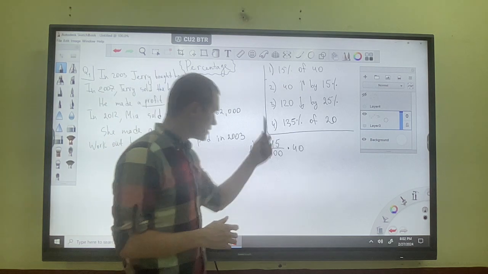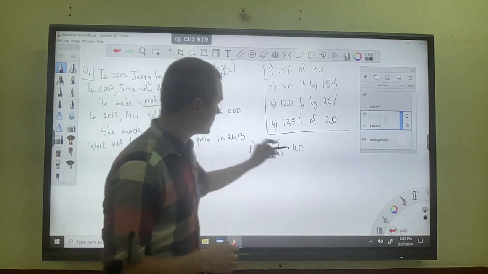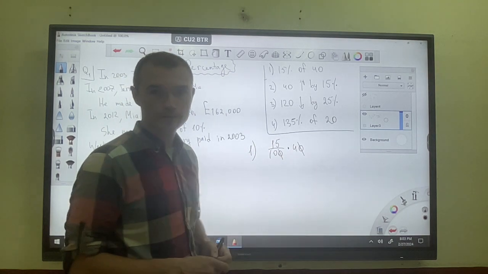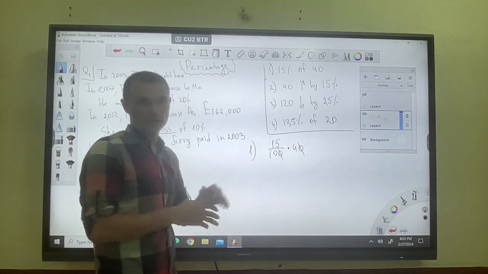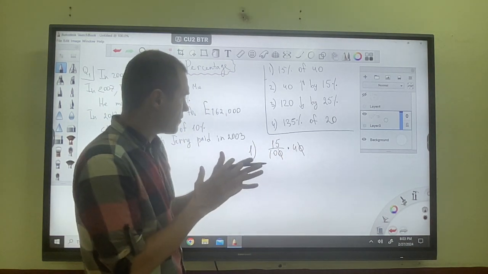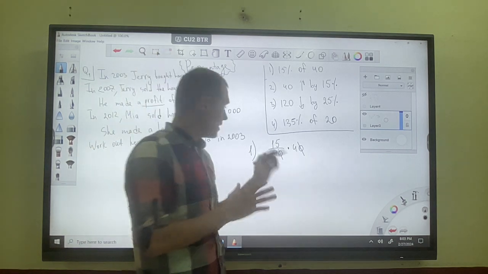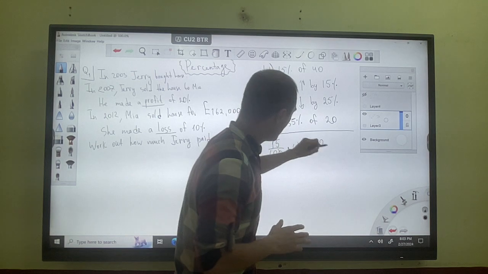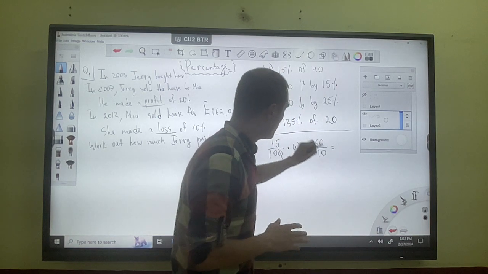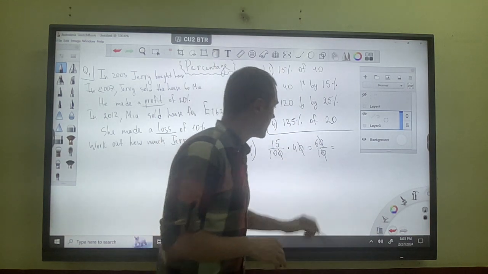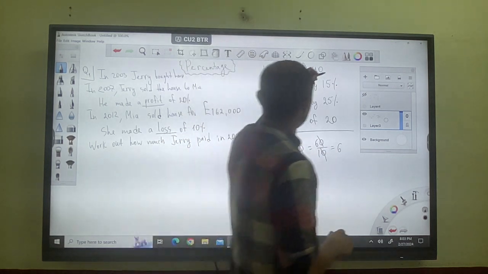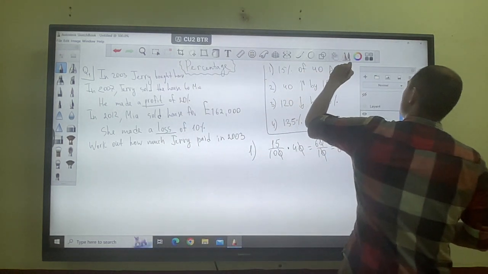Yes, previous knowledge lets us easily cancel the zeros, and then we'll have 15 multiplied by 4. Easy, even for grade 2 or 3 students: 15 multiplied by 4 will be 60, and on the bottom we'll have a 10. Then again we do the same, cancelling the zeros, and we'll have 6 in the answer. So I'm going to write the answer here: the answer will be 6.